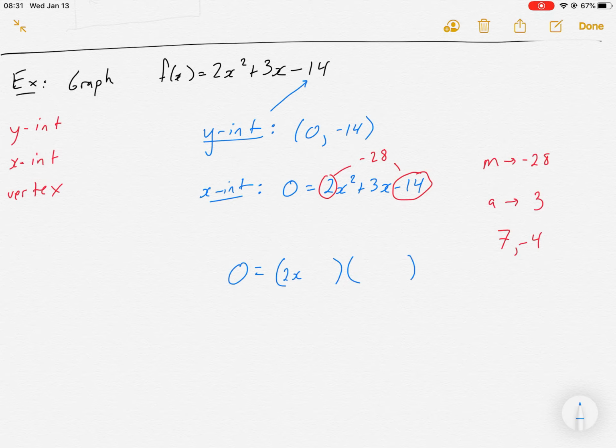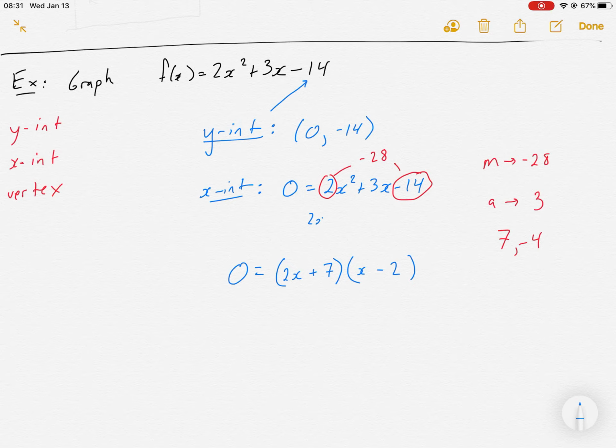So let's go ahead and just do it. (2x minus 1... ) Plus 7, and then x minus 2. I believe that works. Negative 14 plus 7 minus 4. Yep, that works.